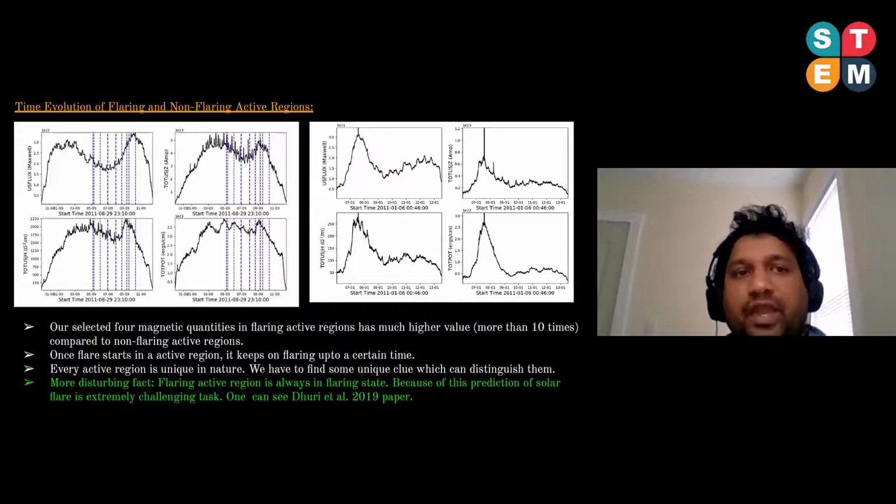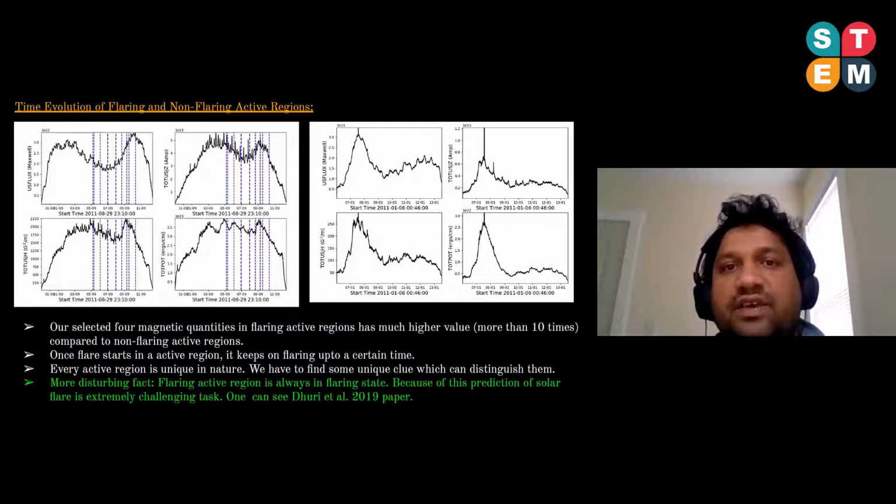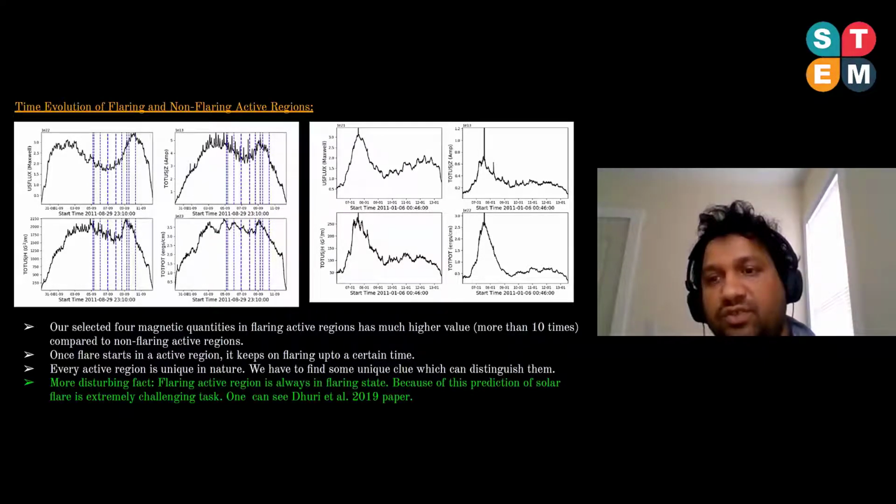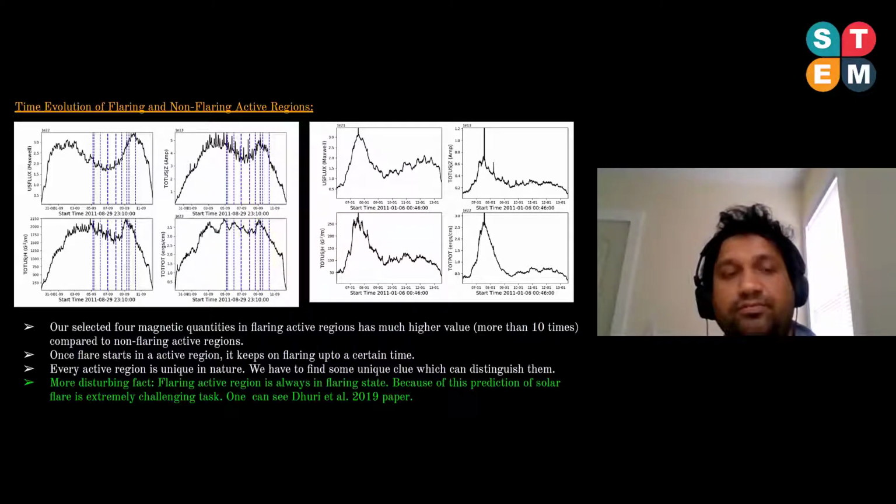So now this is some analysis of active region magnetic properties, to see how they behave in flaring and non-flaring active regions before the training, obviously. Here in the flaring active region, you see the unsigned magnetic flux, and this is the time.